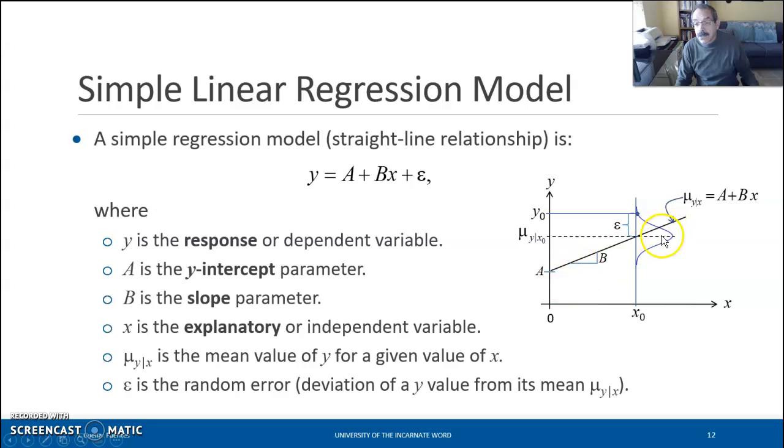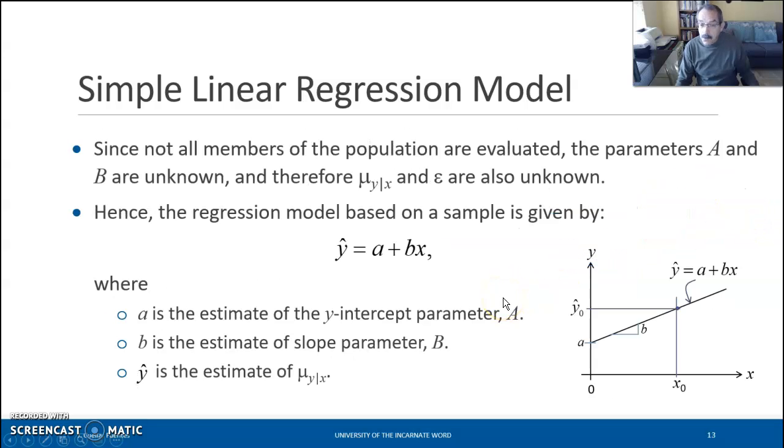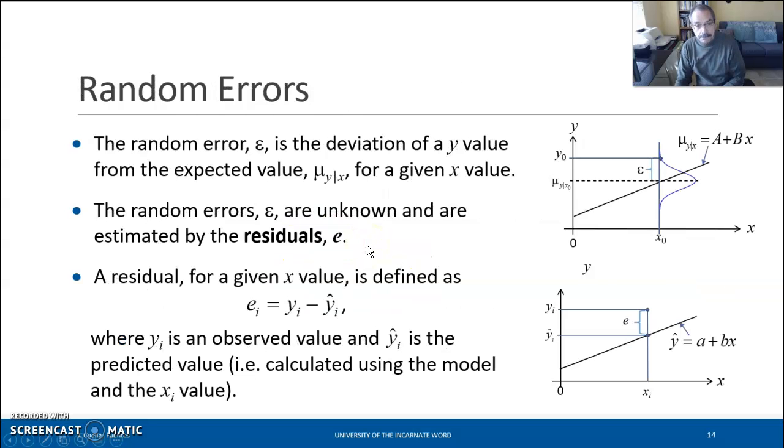And here, the equation of the line is just predicting the value of the mean. This is very important in the interpretation of the coefficients of the model and the predictions of the model. All right, lowercase a is just the estimate of the intercept parameter, and b is the estimate of the slope parameter. But now this is what we call the sample regression model.